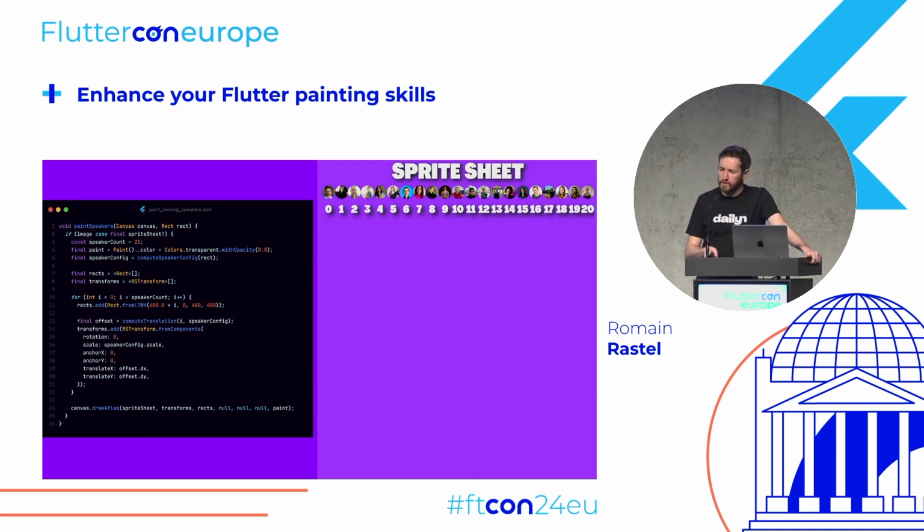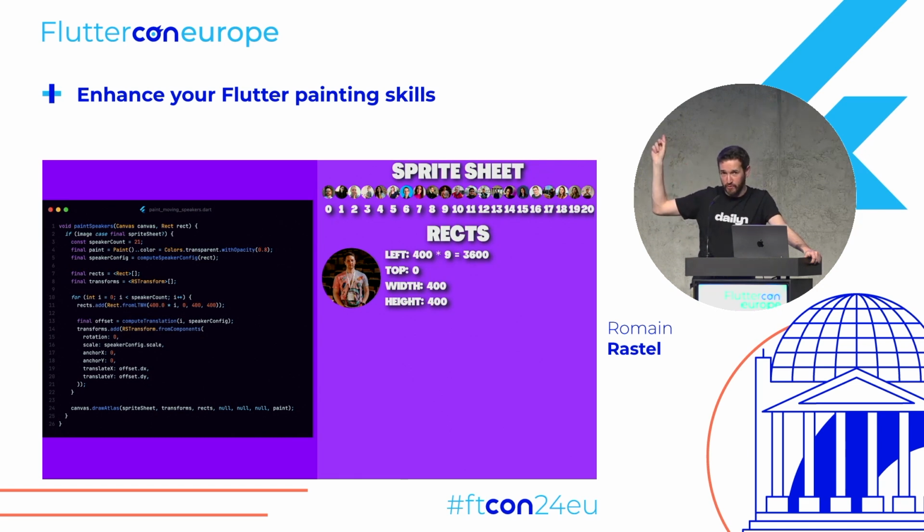Then we need to provide to the drawAtlas method a list of rectangles which represent the positions of the speakers in the sprite sheet. For example, if we want speaker number 9, which is Mangirdas Kazlauskas here, who, by the way, created Flutter Deck, which I use here to create this presentation, so thank you.